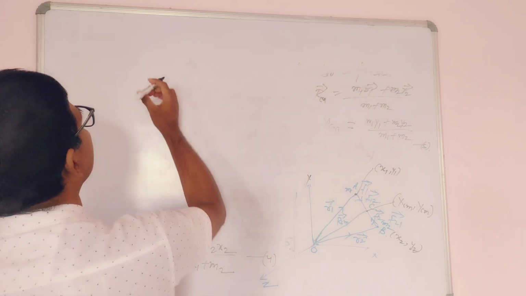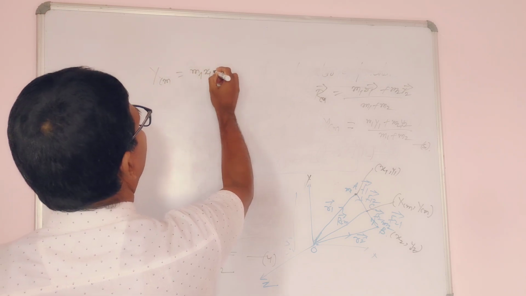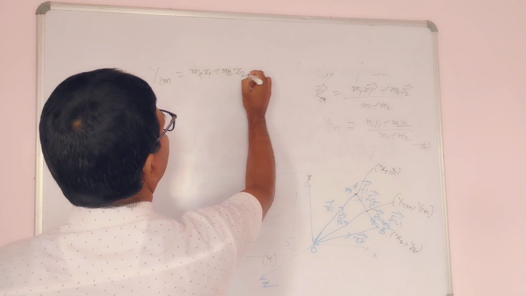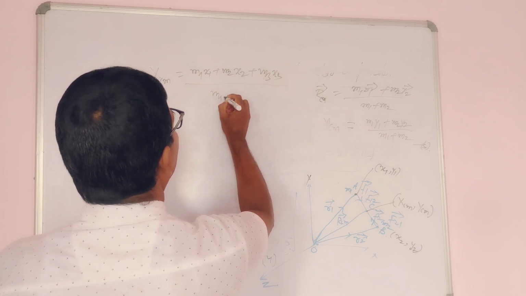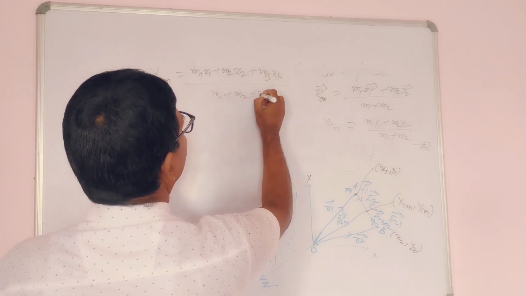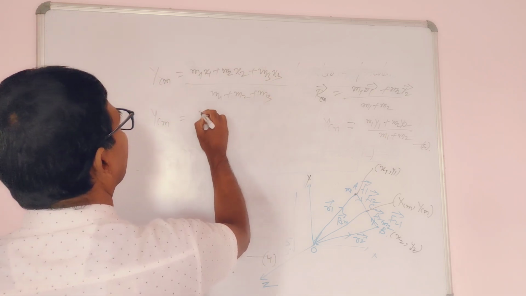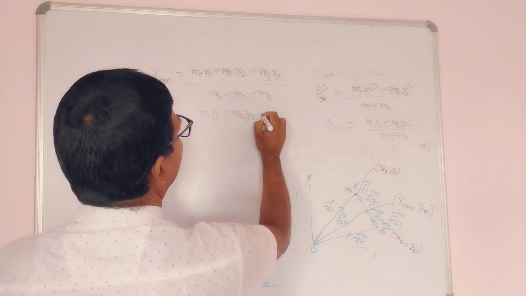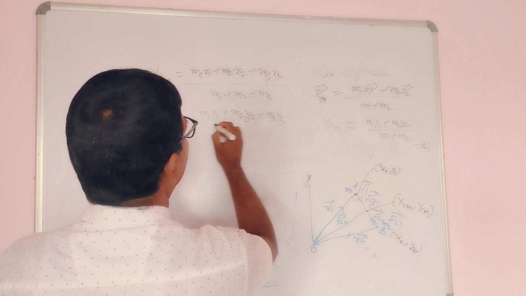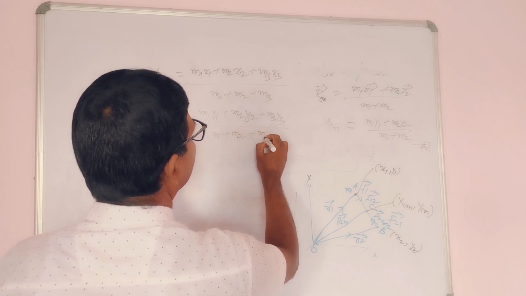So along x, xcm is (m1 x1 plus m2 x2 plus m3 x3) divided by (m1 plus m2 plus m3). Similarly, ycm is (m1 y1 plus m2 y2 plus m3 y3) divided by (m1 plus m2 plus m3).